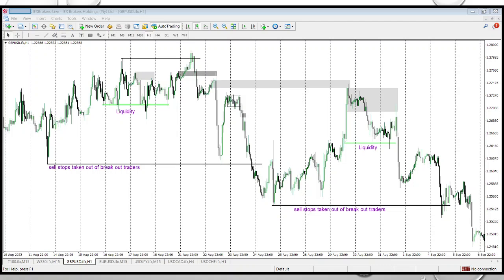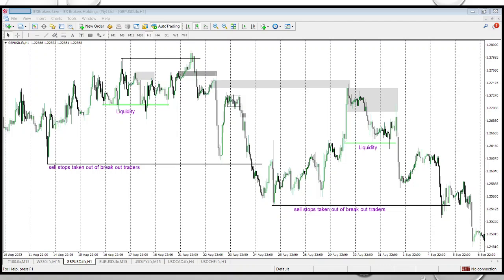Here is an example of the sell side liquidity, where there were relative equal lows on the 16th and 17th of August, and also on the 18th, where it was clearly seen that the market couldn't go any lower.